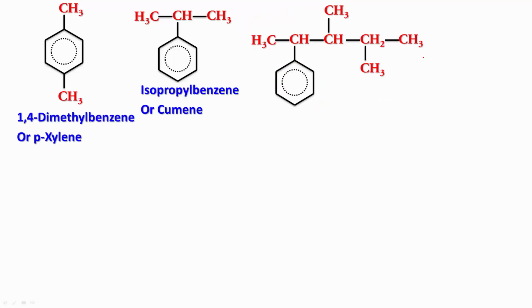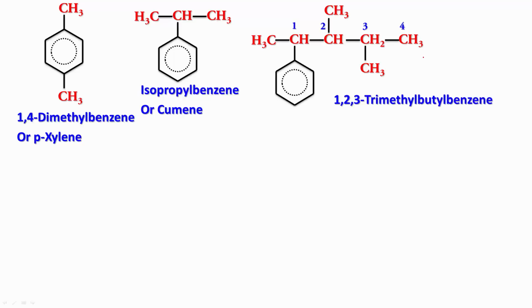So number it. What would you call it? Well, it's 1, 2, 3 trimethylbutylbenzene.